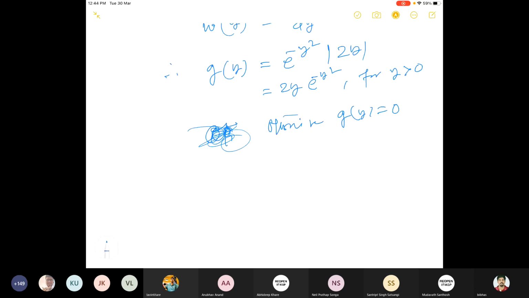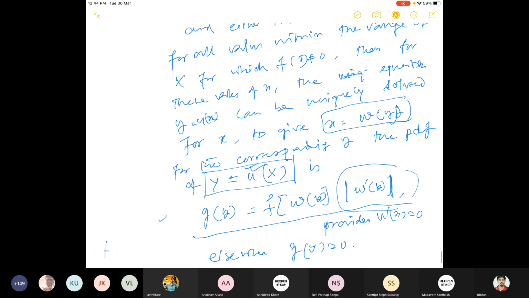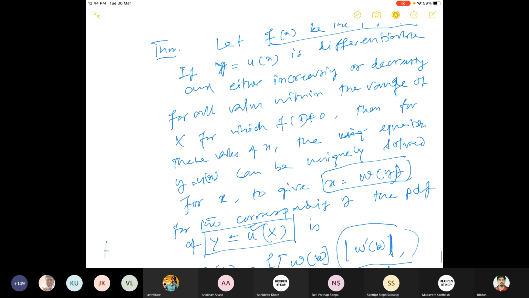Another way to look at it: suppose it is not increasing, then what will happen? Suppose it is not increasing, but still I want to make use of this theorem. We cannot use this theorem if it is neither increasing nor decreasing. But sometimes we can bypass this theorem by making a trick.